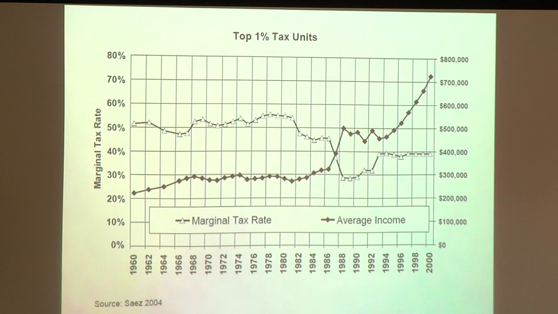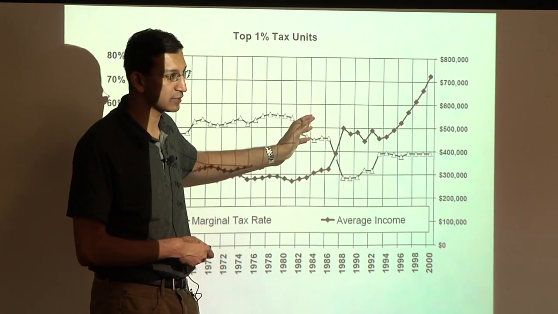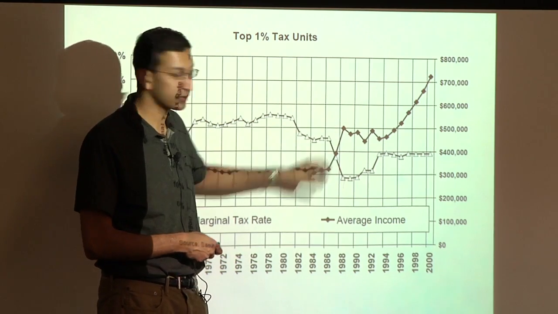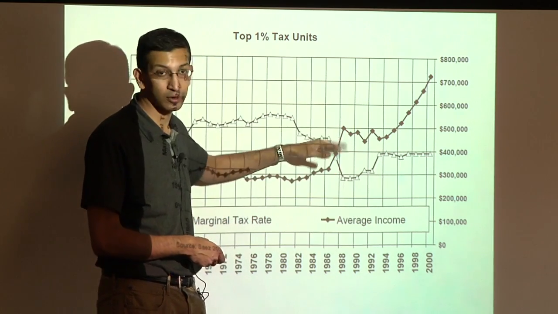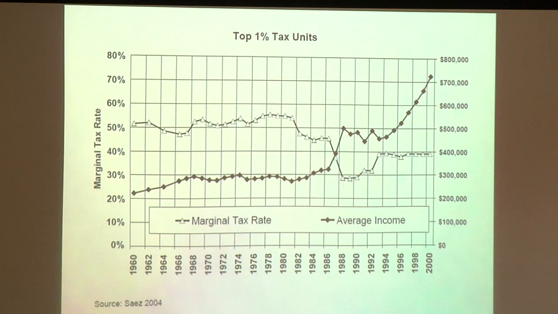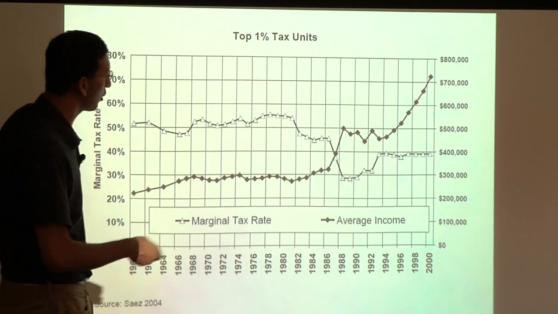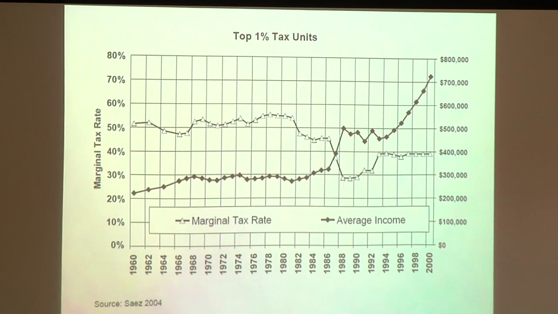Now, what's interesting, and I think what we don't really know the answer to, is this immediate change. To me it's consistent with the Feldstein, Goolsbee, and all that kind of work, suggesting that there was some immediate short-run response, some of which was probably shifting across bases. Remember, shifting of corporate income into the personal income tax base is going to do that. But then why does it continue to go up after that? That's, of course, one of the very interesting questions that we don't really know the answer to.